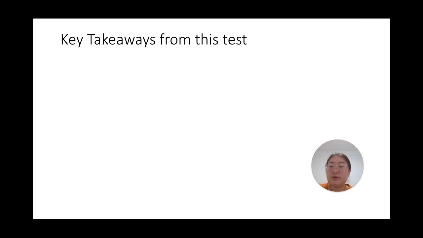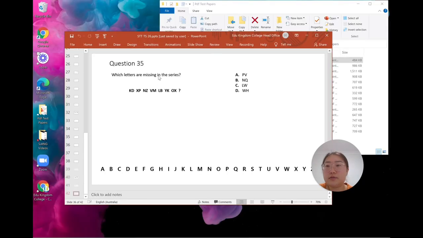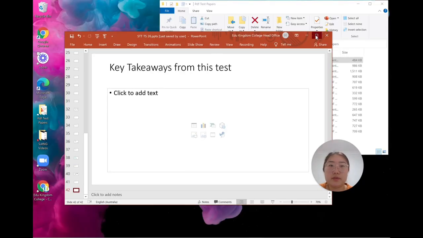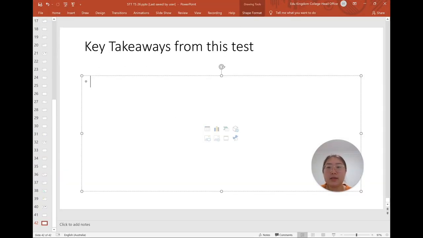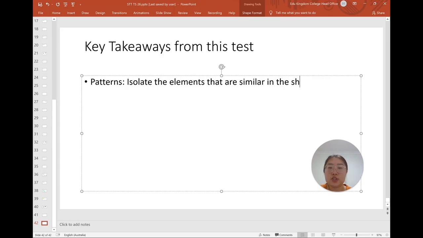Right, so on to some takeaways now. A main one here, I'm going to talk about the patterns. For patterns, I need you to isolate the elements that are similar in the shapes.